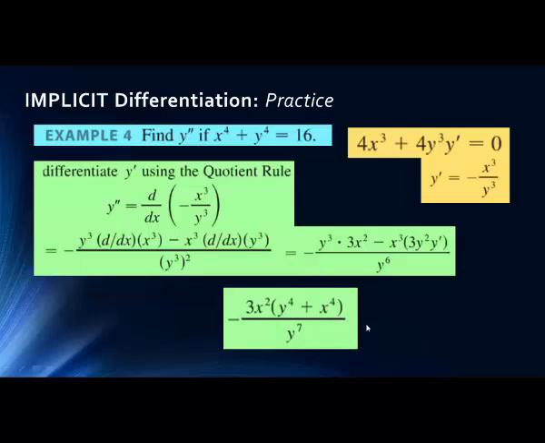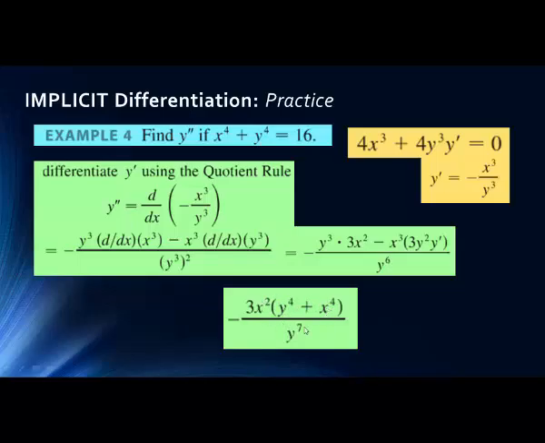And that looks pretty good. Okay? I've taken out my common factor, which is 3x squared, from both of these, and I get this x to the 4th plus y to the 4th. But notice, and this happens a lot when we're doing these multiple or higher order derivatives, especially with implicit differentiation, notice this is our original equation, x to the 4th plus y to the 4th.